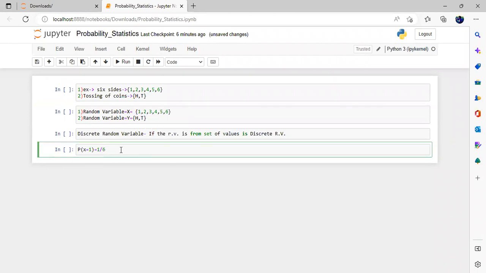Same for probability of x equals 2, and probability of x equals 3, because for all the terms the probability is 1 by 6.